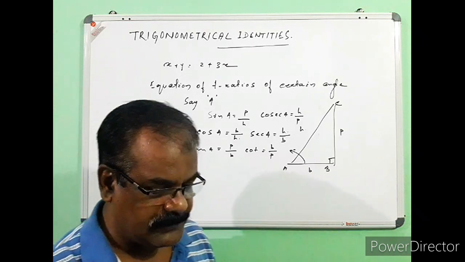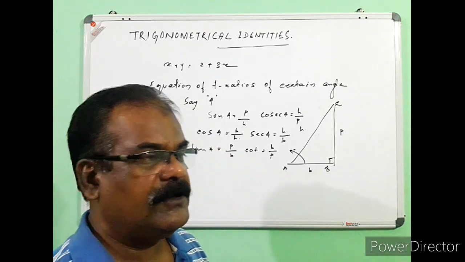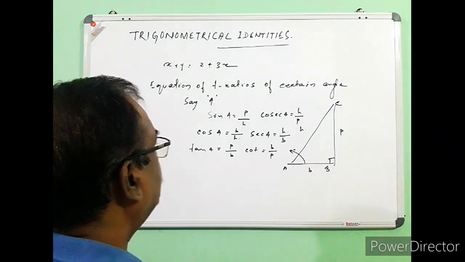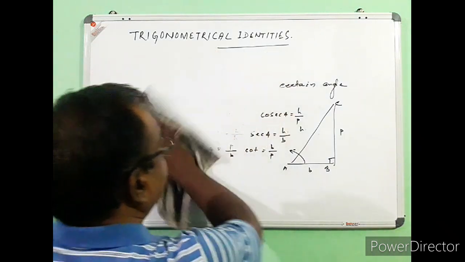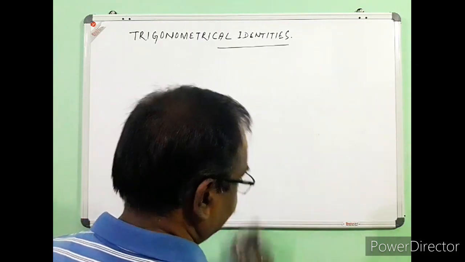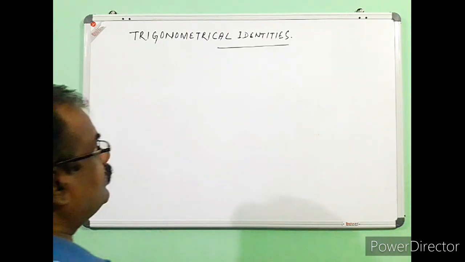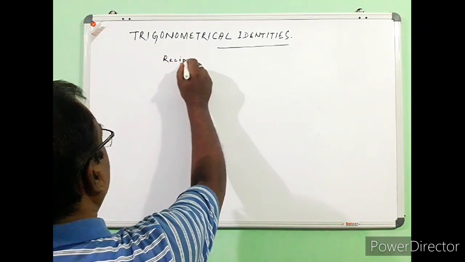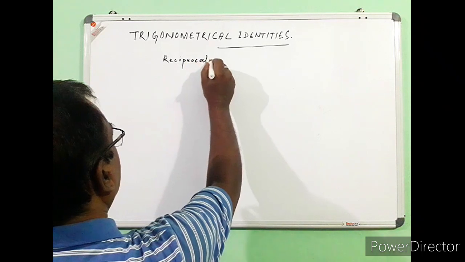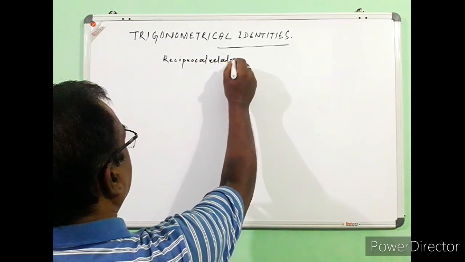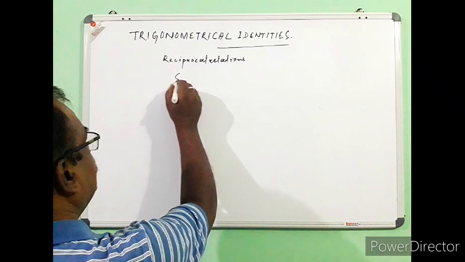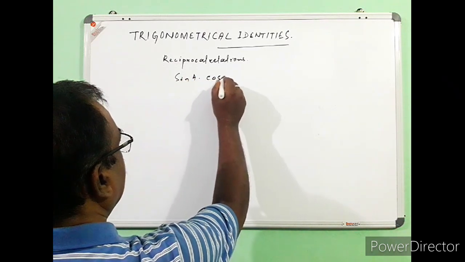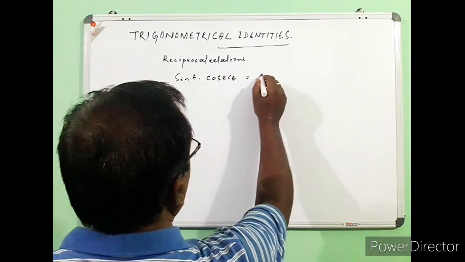Similarly, you have also known about the reciprocal relations of these trigonometrical ratios. We have seen that sine A into cosec A for angle A is equal to 1.